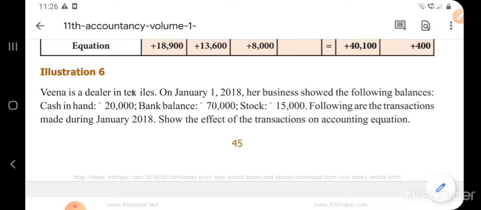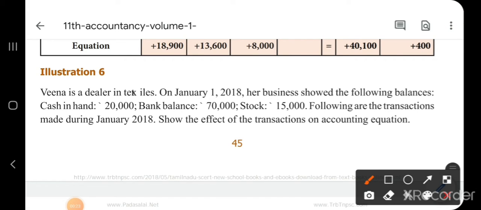Illustration 6. Veena is a dealer in textiles. On January 1st, 2018, her business showed the following balance: cash in hand 20,000, bank balance 70,000, and stock 15,000, and you are asked to prepare the accounting equation.